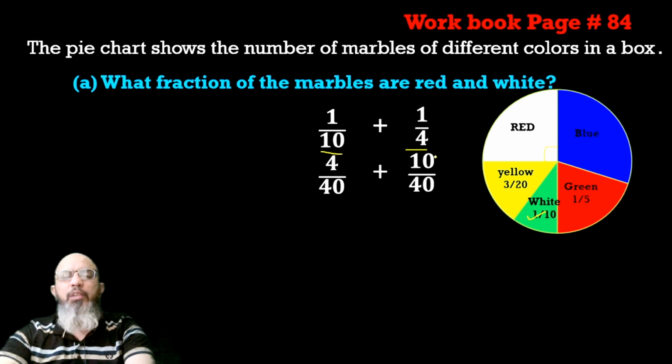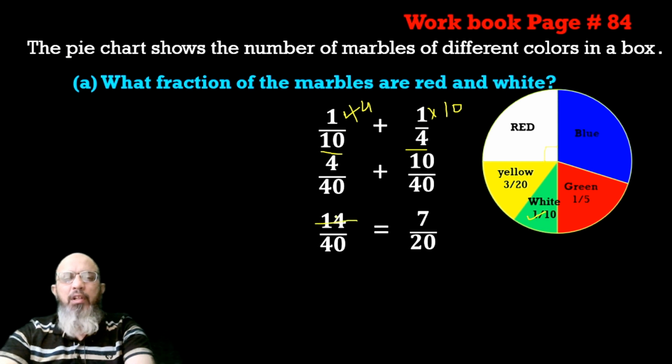The easiest way is to multiply this term with 4 and this term with 10, and it comes to 4/40 plus 10/40. When we add these two, we get 14/40. After simplification by the table of 2, we get 7/20, right?